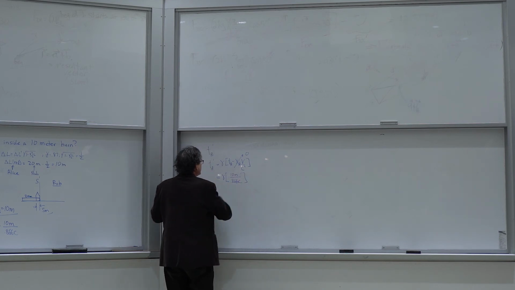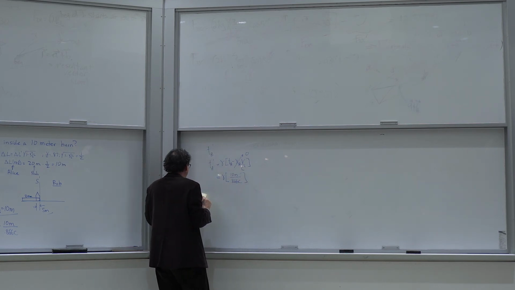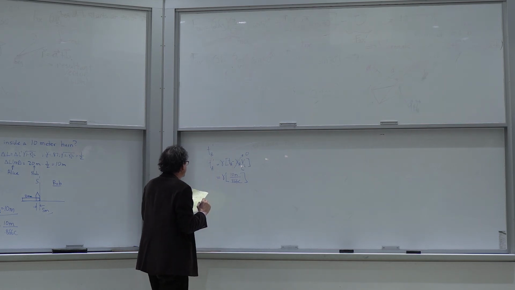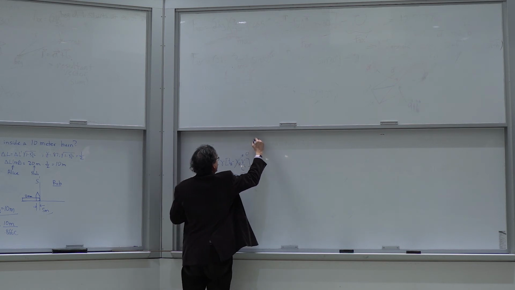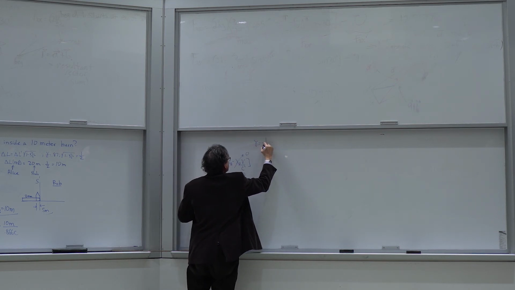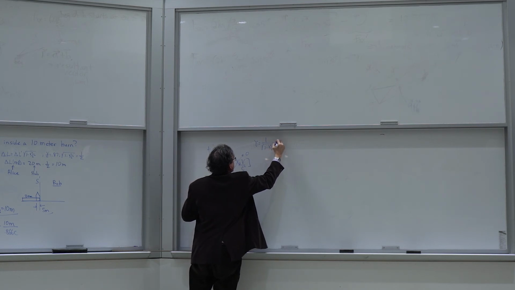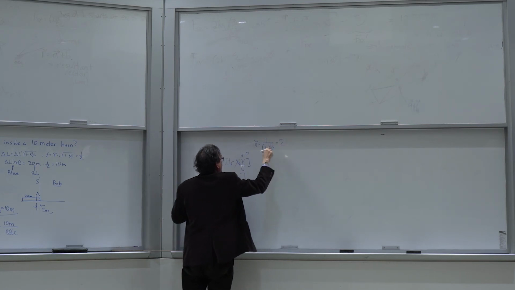And gamma is equal to 1 over the square root of 1 minus v squared over c squared, which is equal to 2 because this part is equal to 1/4.